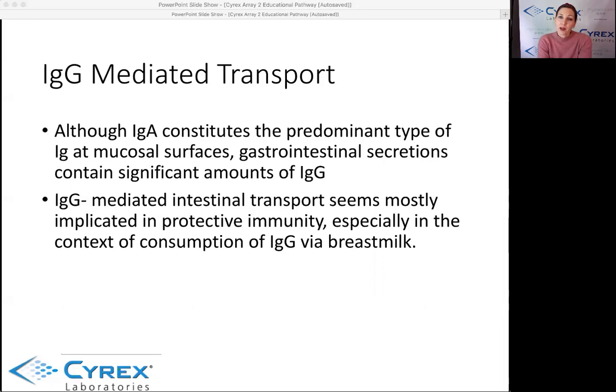And part of that thought process is because IgG, of course, is the immunoglobulin that helps to protect a newborn infant, transferred from the mother to the infant. So this IgG-mediated intestinal transport seems to really be implicated in protective immunity. It helps us to tolerate, in fact, dietary antigens, and this is especially recognized in the context of consumption of IgG via breast milk.